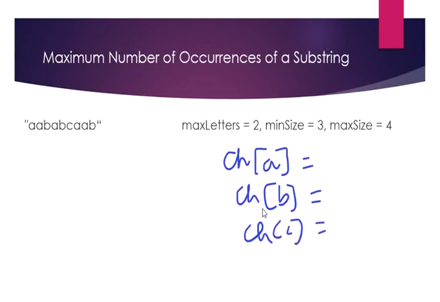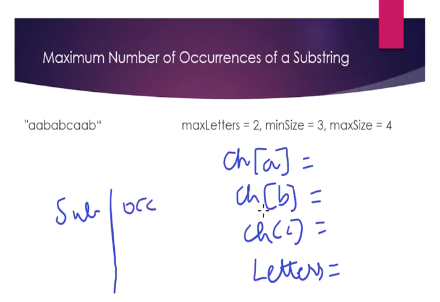And the other one is letters. So for every substring we find, we're going to update this letters variable, and we're going to have a hash map. In our hash map, we're going to store the substring and its occurrence. So for every substring we check, we're going to update all these variables.